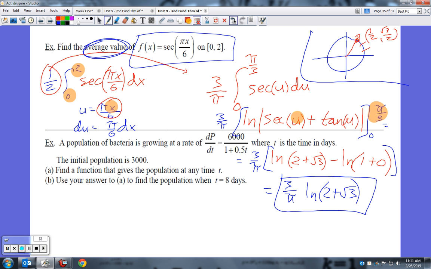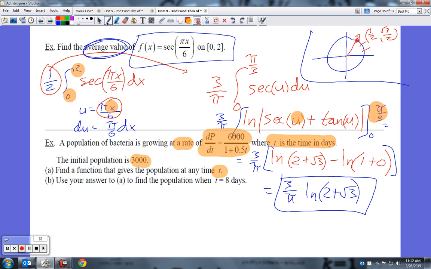Alright, here we go. It says a population of bacteria grow at a rate, so there's a derivative, where t is in time and days, and my initial population is 3,000. What t value would you say yields 3,000? 0. Will that be the case always? No. In these that are not mentioned, that's interpreted as the default.